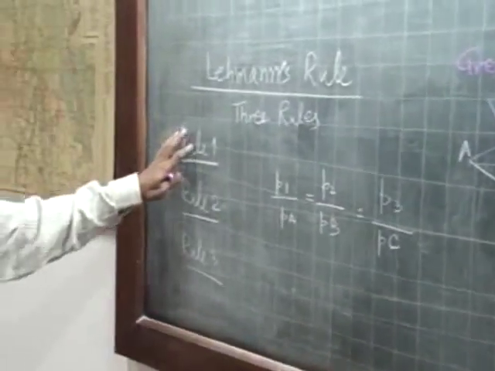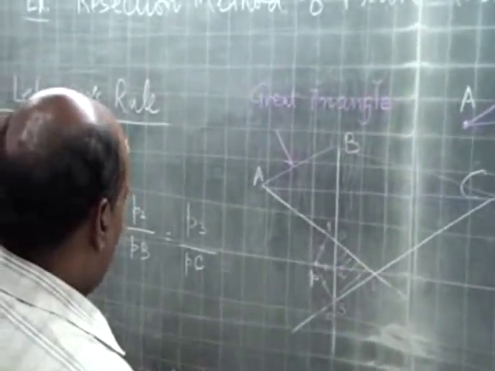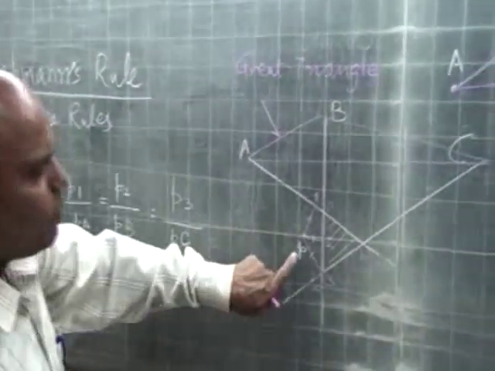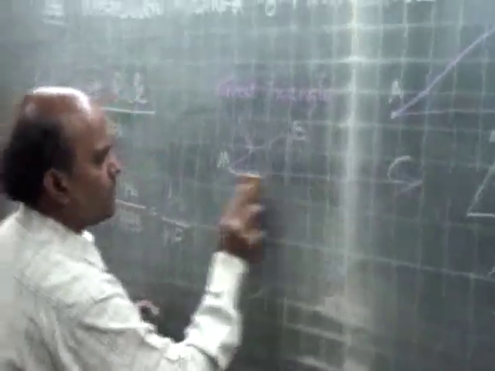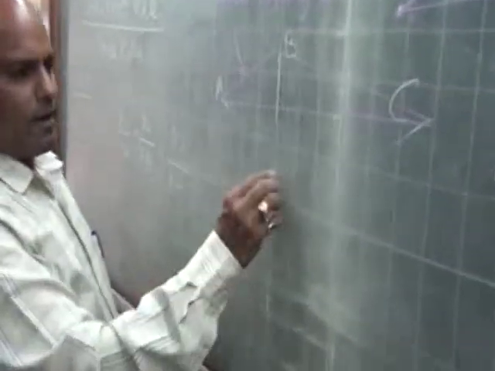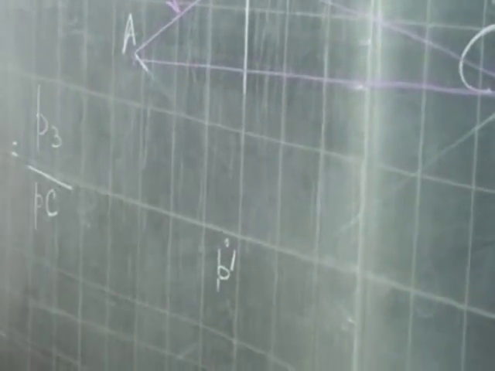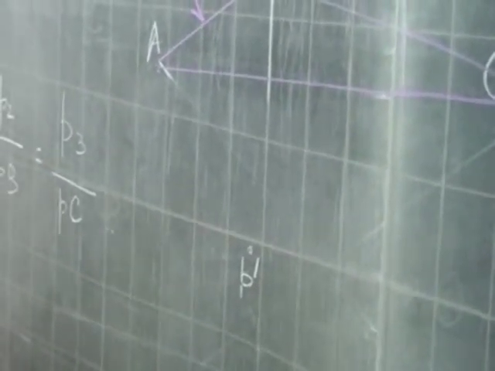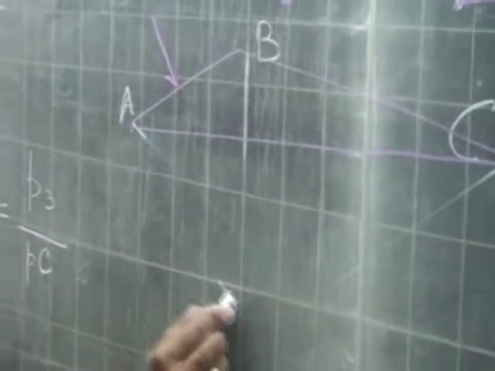When we are following rules 1, 2 and 3, this is our first trial and we get an approximate position of a point P. Once we get the approximate position of P as P dash following these three rules, our next step is to keep the alidade at P dash and orient your table along PA.